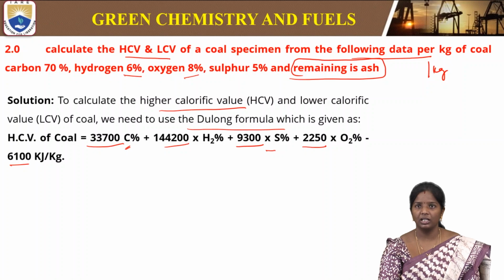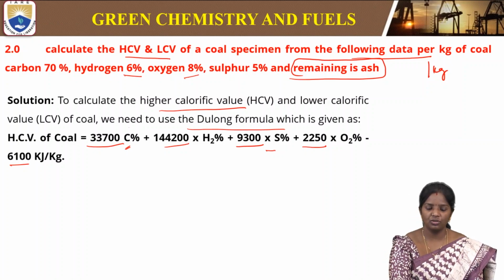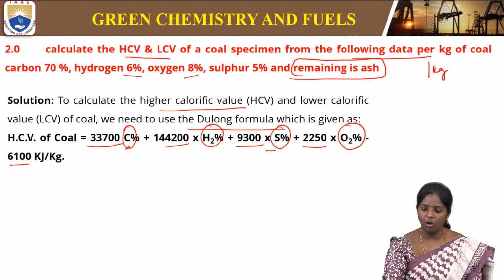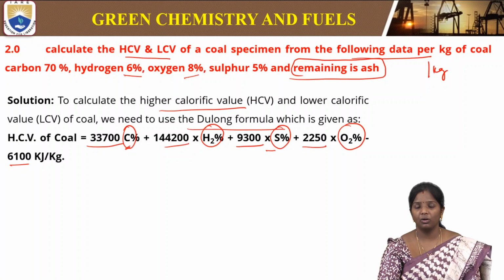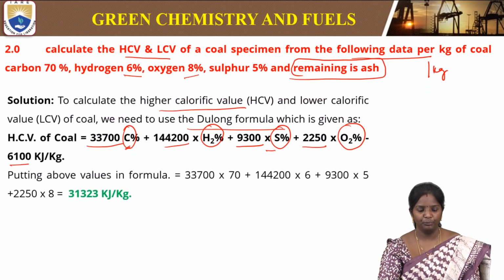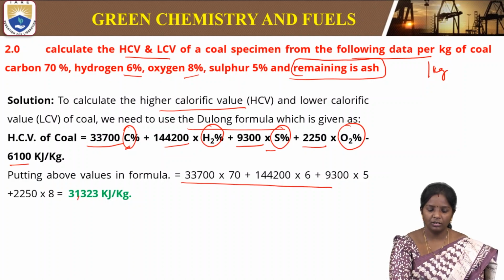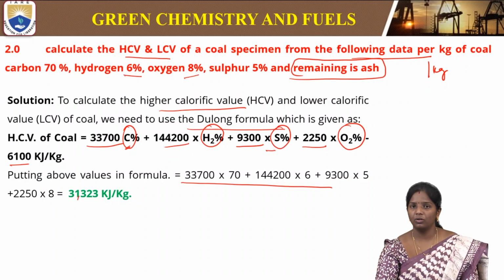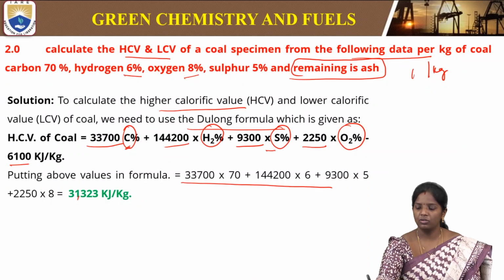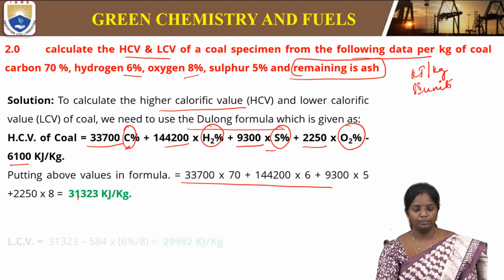Whenever we are taking percentages, we use this formula. Now substitute the values of carbon, hydrogen, sulfur and oxygen and calculate the HCV value. After simplification, we get 31,323 kilojoules per kg. Kilojoules per kg is the unit used for the expressions.